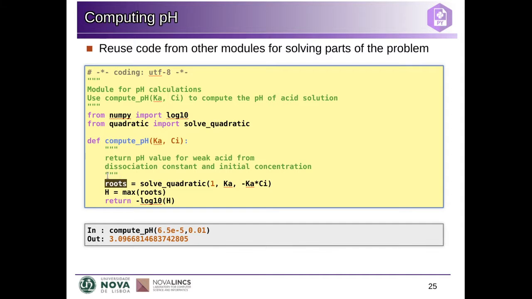We don't want a negative one, but we can use max, which is part of basic Python operations and functions, and just returns the maximum value of an array. So since roots is a list, this will return the maximum value in the list, and this is the concentration of hydrogen ion. And now we return the negative of the base 10 logarithm, which is the pH, the negative of the base 10 logarithm of the concentration of H.